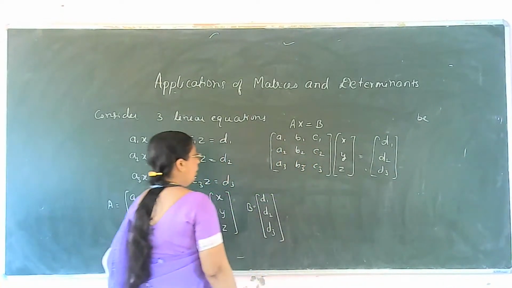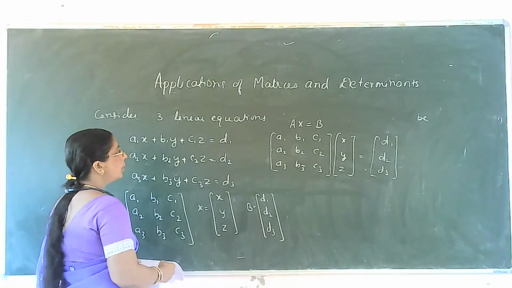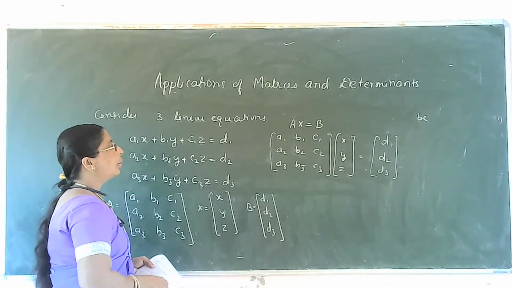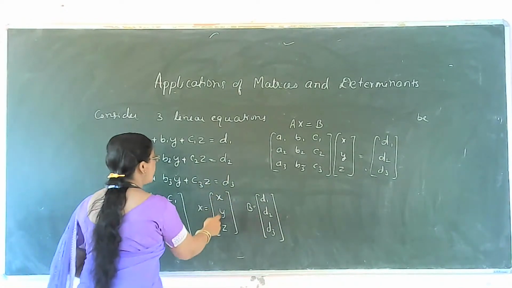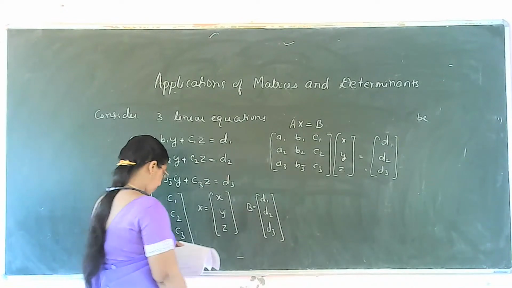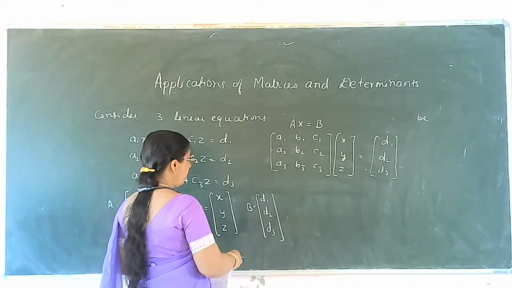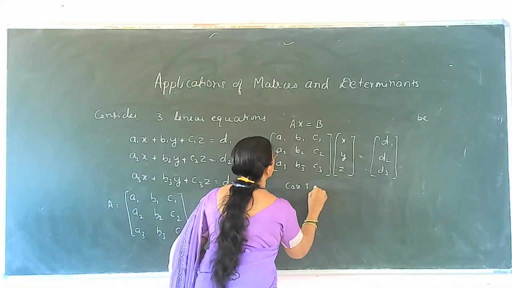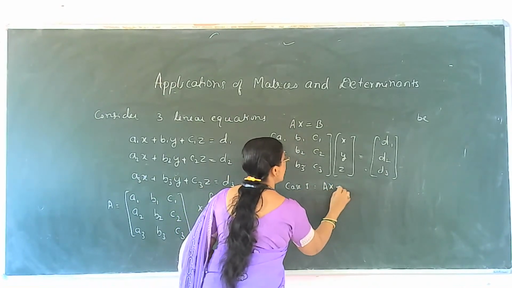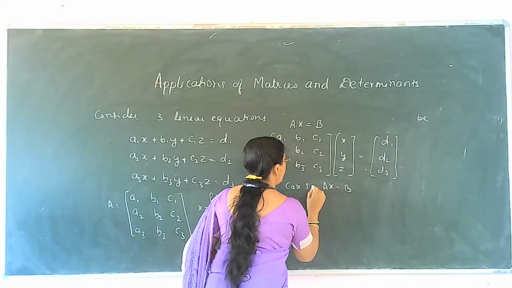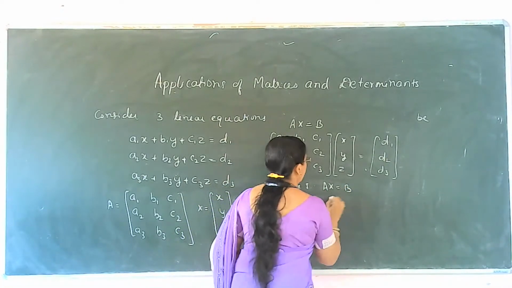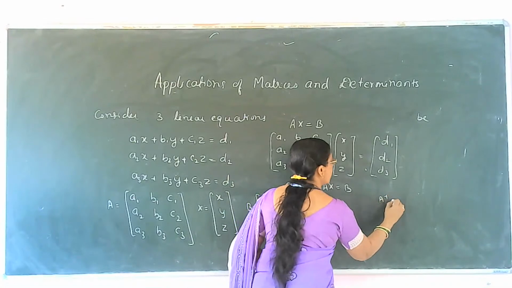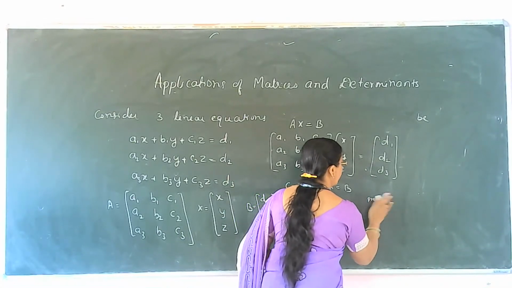Then we have to find the values of x, y, z. Case 1: Ax is equal to B. I multiply A inverse on both sides, pre-multiplying.